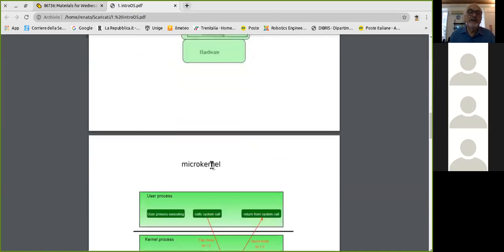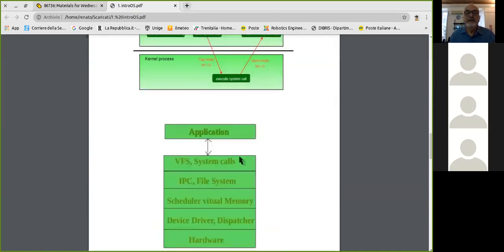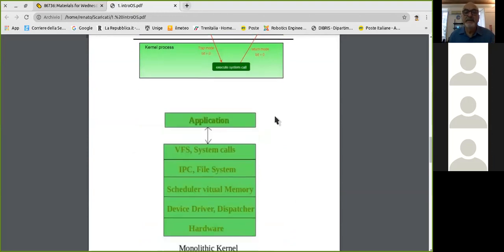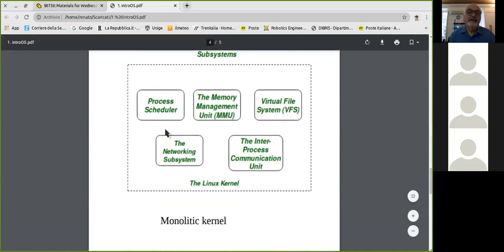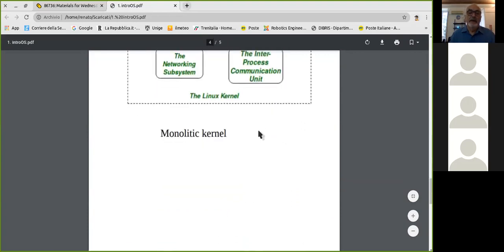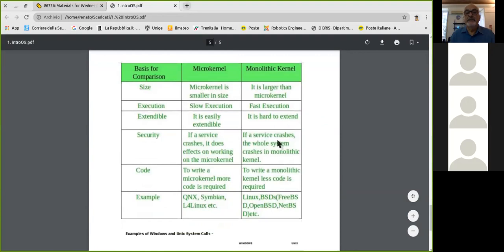What are the pros and the cons? And this is another way of describing the same thing. The Linux kernel, as shown here, is a typical monolithic kernel, in which a lot of things are inside the kernel. Well, examples.